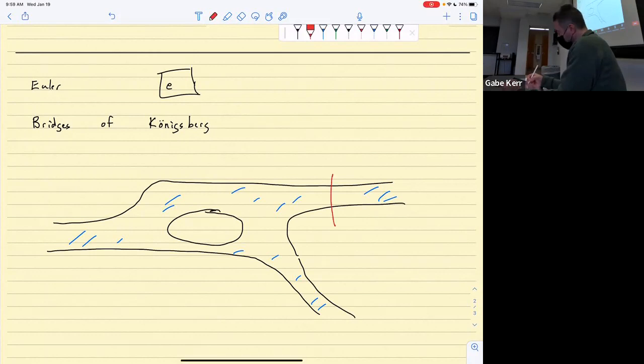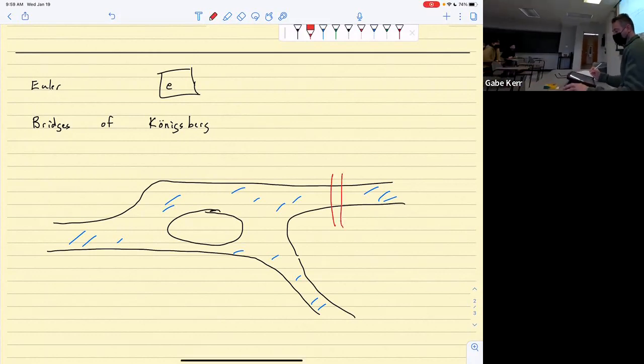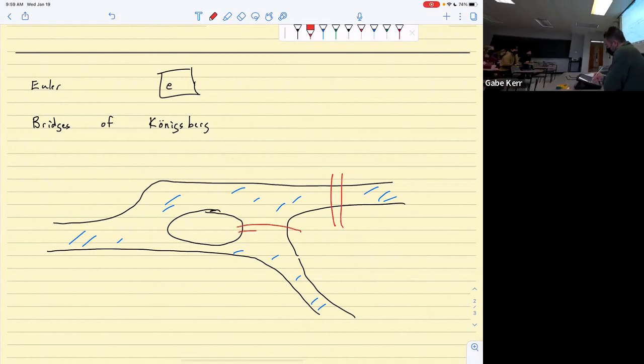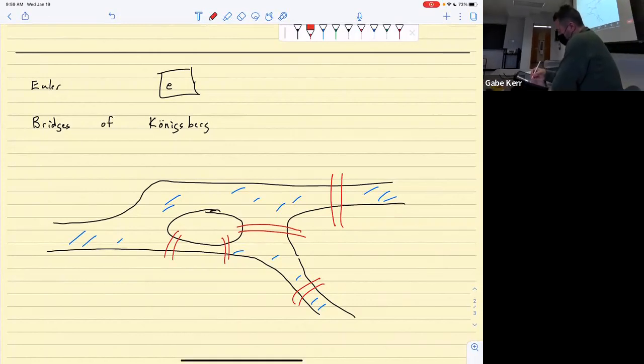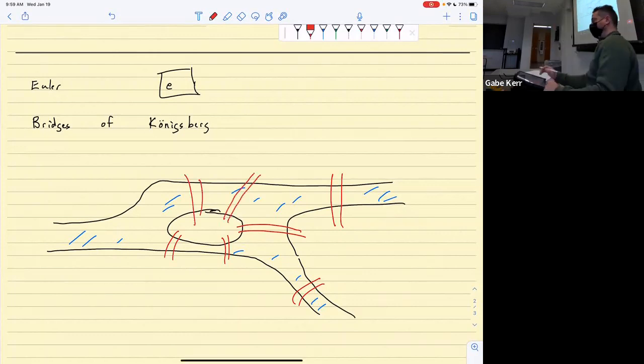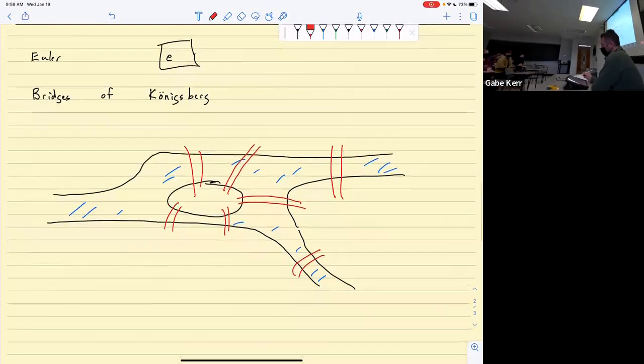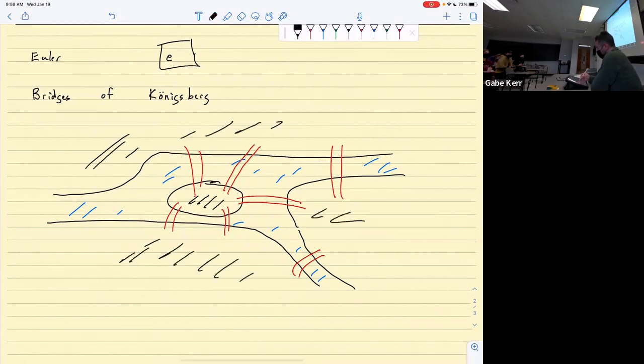They built a bunch of bridges to the island. Okay, it's a bigger island. A lot of bridges. So red is the bridges, and black is the land, and white is blue, the water.